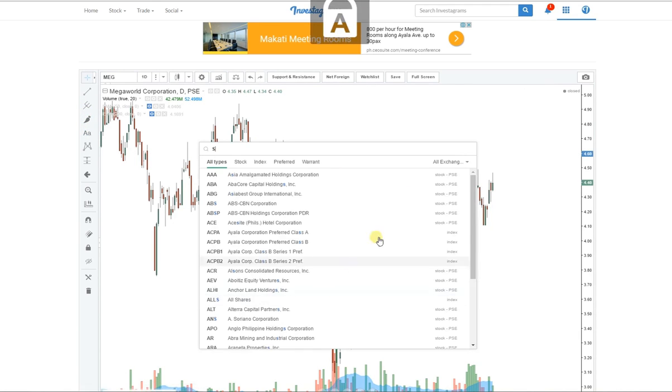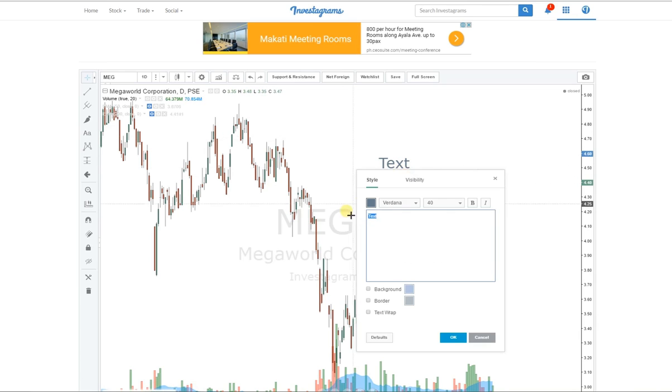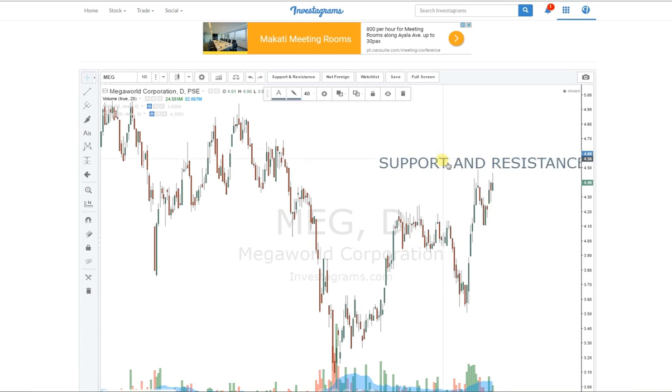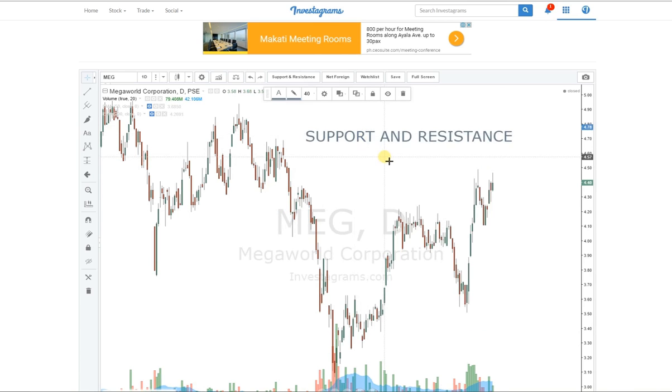So today we're going to discuss support and resistance. Some people think that this is really basic, but actually if you really understand the basics, it would suffice as a tool to help you make money. If you understand support and resistance, you can actually make money already in the markets.